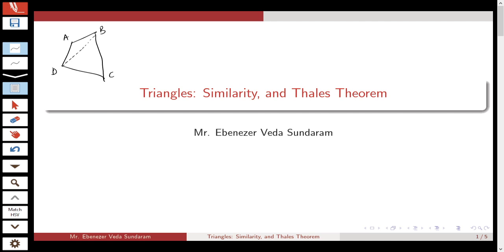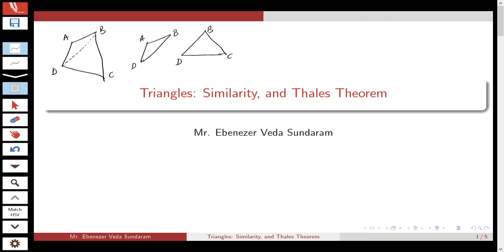And now you look, this diagonal separates the quadrilateral into two triangles, not necessarily equal, but say for example two triangles, A B D and then D B C, right?